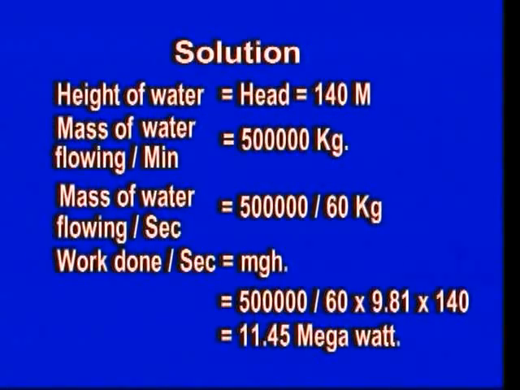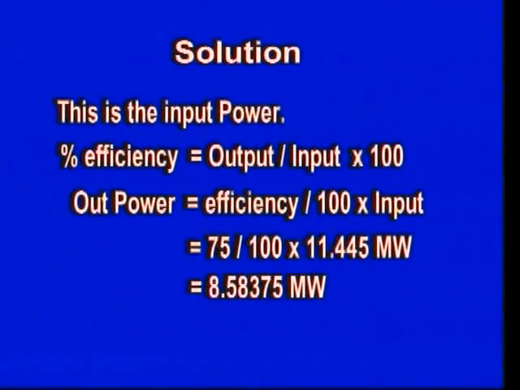So work done per second is given by the formula mgh, and this is equal to 5 lakh by 60 into 9.81 into h, which is 140. So this will become finally 11.445 megawatts. This is the input power.